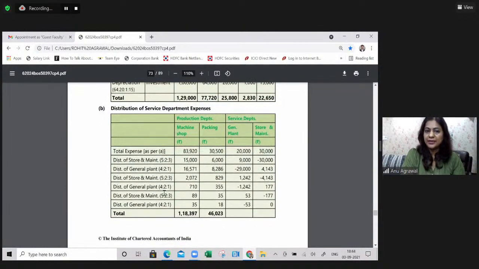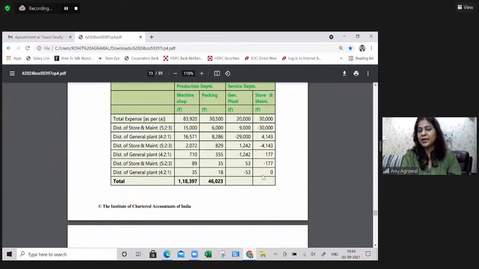We divided it 5:2:3, and this is overlapping because stores is rendering to general plant and general plant is rendering to stores. And then you are dividing this general plant expense on the basis of number of employees. You kept on doing it till the time you got nominal figures, right?